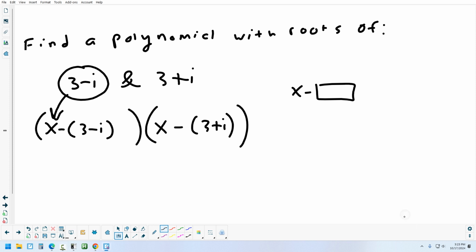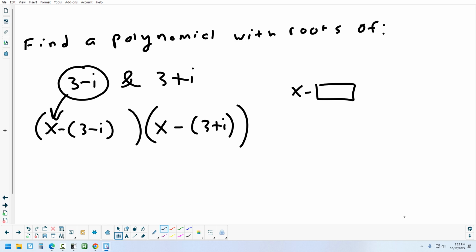Okay, so what can we do inside here to start to simplify that? It's a step before we do all our distributing. What about that negative in front of the parentheses? What can we do with that?